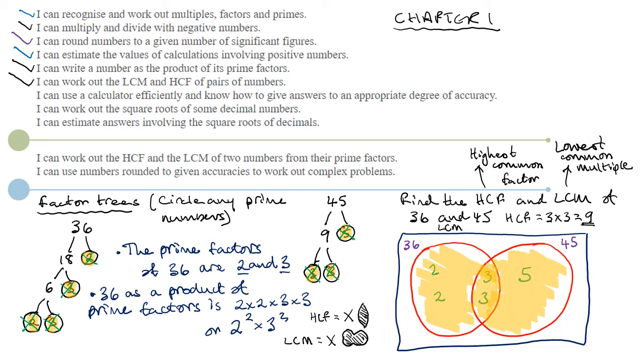So that's going to be 2 times 2 times 3 times 3 times 5. So 2 times 2 is 4. Times 3 is 12. 12 times 3 is 36. And 36 times 5 is 180. So 180 is the LCM of these two numbers.